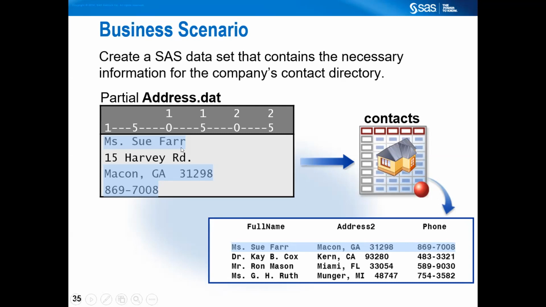So this is the first name, you have address 1, address 2, and its pin code or phone number. These are the 4 lines for a single record, which has to be read as a single line with columns into your SAS data file.